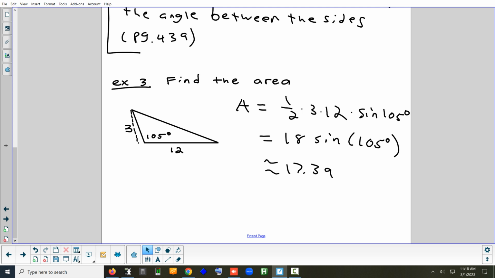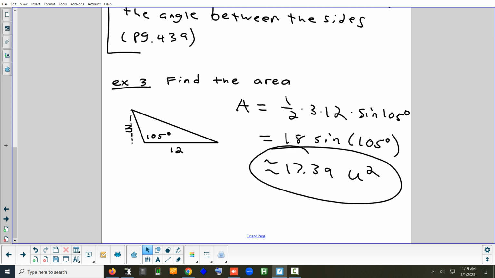And remember, it's an area, so how should it be labeled? Units. Whatever unit you happen to have. Square units. Okay, so 17.39 square units.